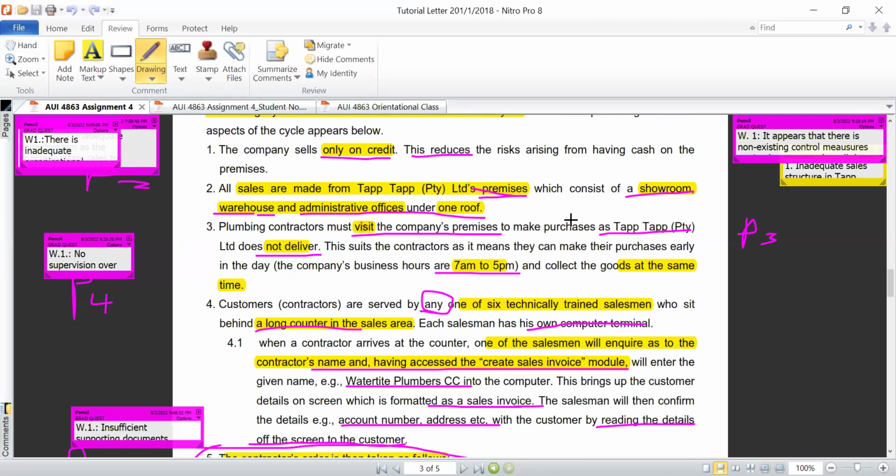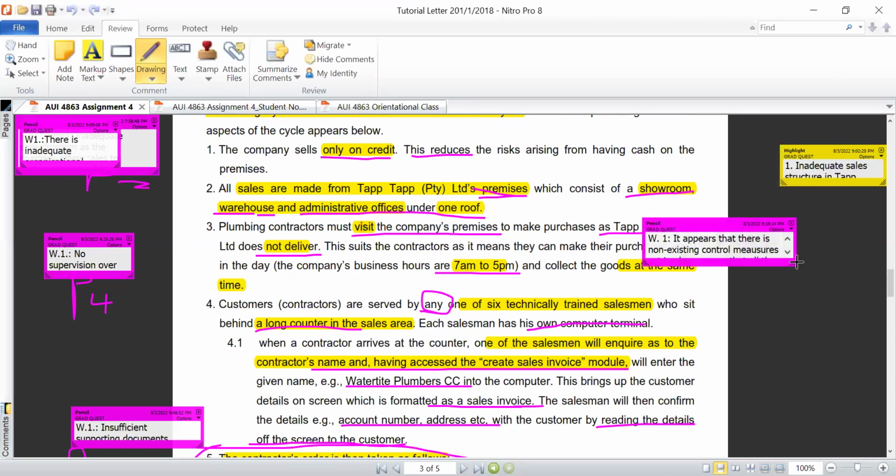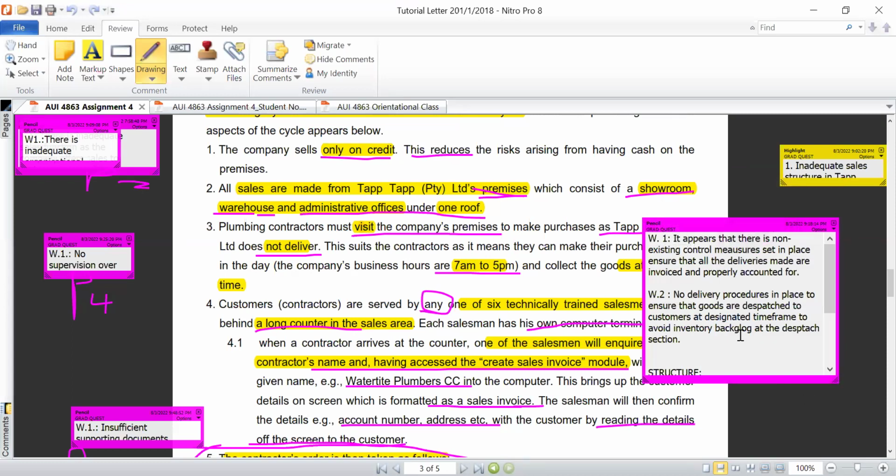But anyways, not just only limiting it to that, here are some of the weaknesses that I have picked up. Number 1, it appears that there's non-existing control measures set in place to ensure that all the deliveries are made, and to ensure that all the deliveries made are invoiced and properly accounted for.